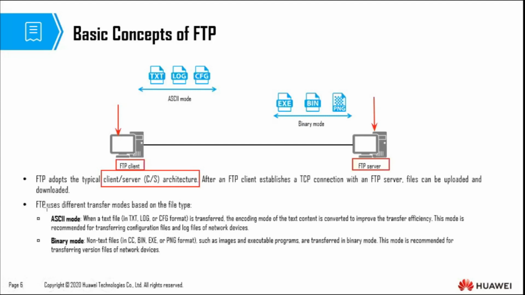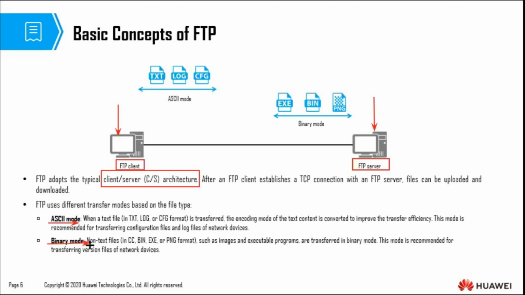Now, FTP uses different transfer modes based on the file type. It uses two. One of them is called the ASCII mode, and the other one is called the binary mode.